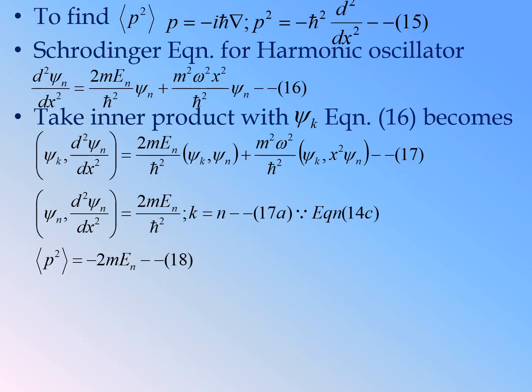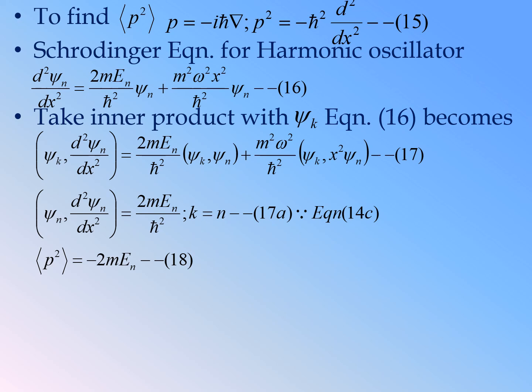Now, how to find out the expectation value of p squared. So p, you know, is equal to minus i h cross del, so p squared is minus h cross squared d squared by dx squared. And you know the Schrodinger equation for the harmonic oscillator is d squared psi n by dx squared is equal to 2m E n by h cross squared psi n plus m squared omega squared x squared divided by h cross squared psi n.